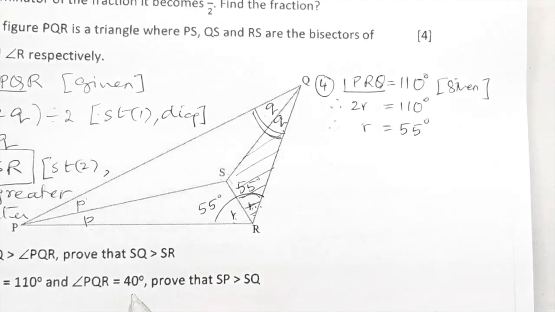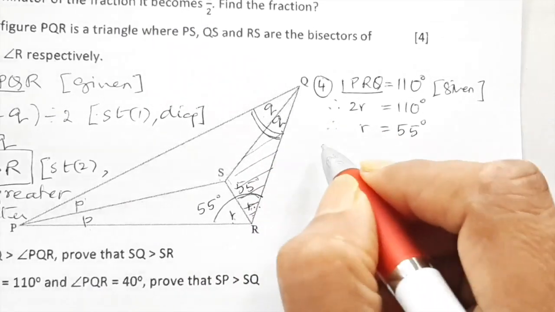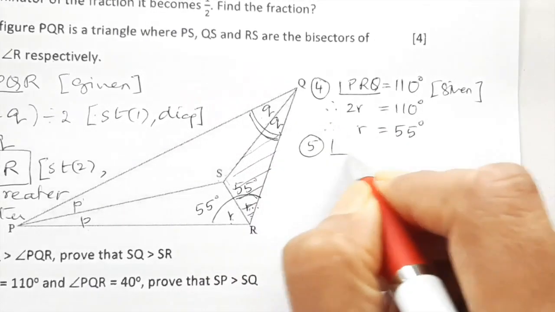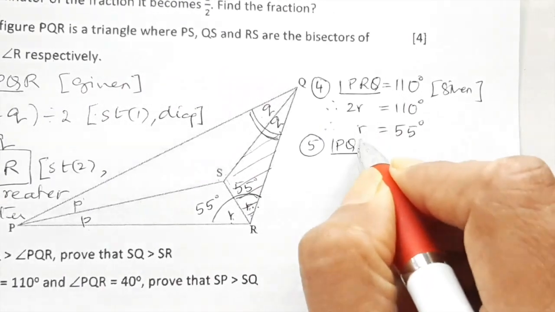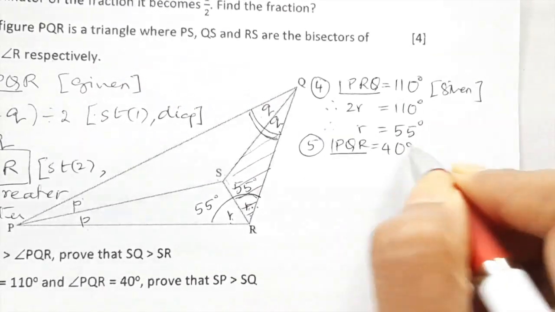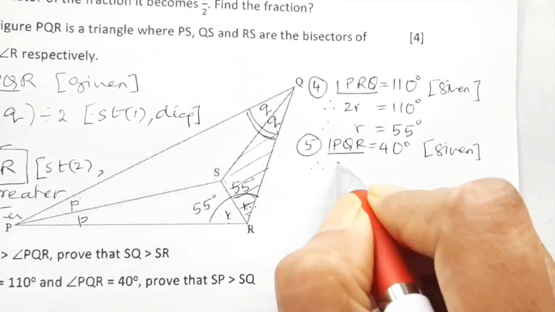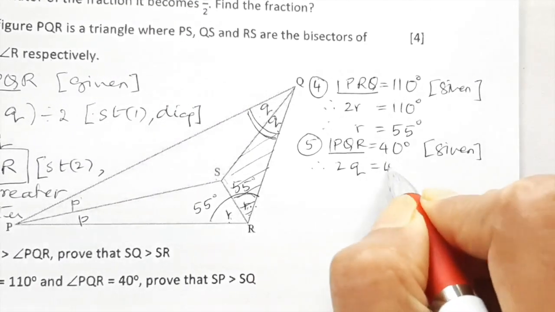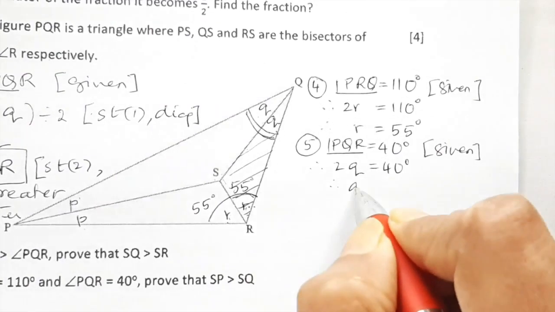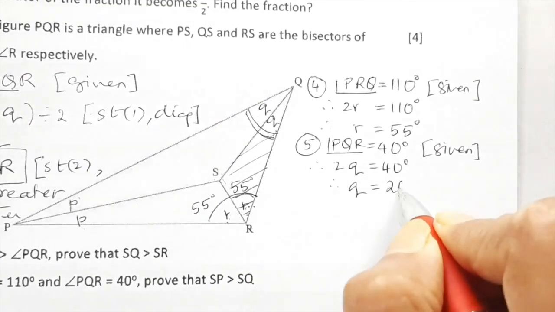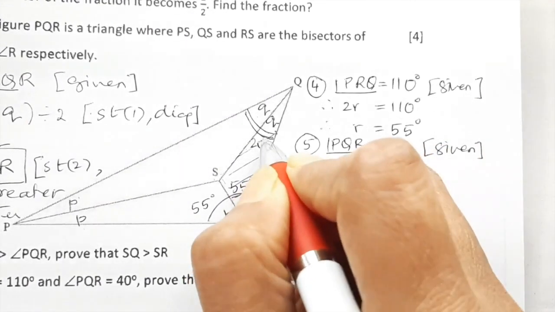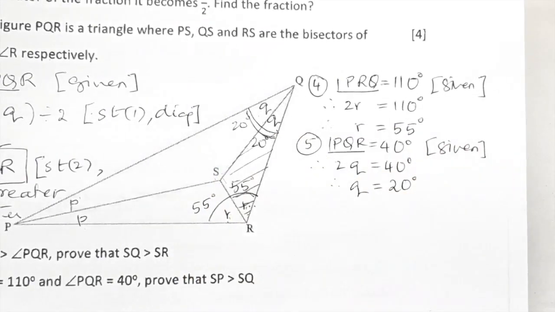Angle PQR is 40, that is this one. So we will write that again, we'll say given. Therefore 2Q, therefore Q is equal to 20 degrees. So this is 20 degrees, this is 20 degrees.